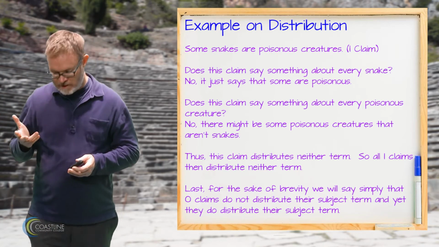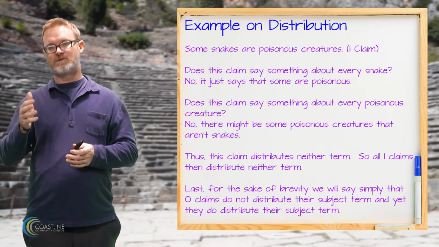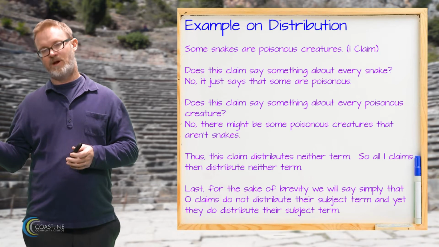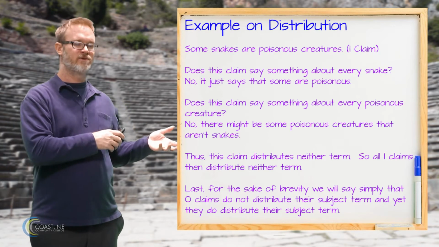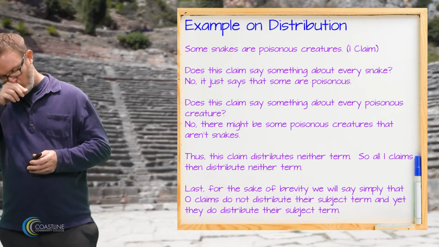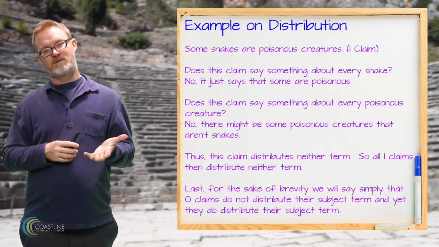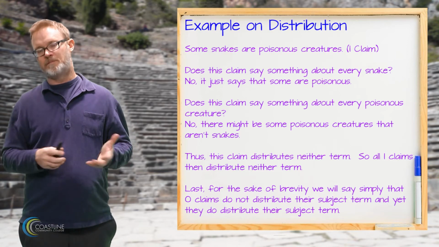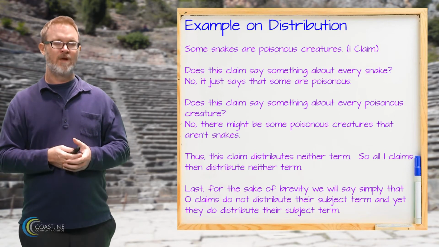It isn't, because the claim some snakes are poisonous creatures isn't about all poisonous creatures either. In fact, it seems to just suggest that some of those are snakes, or some snakes are those. So nevertheless, I claims like this don't distribute either term. They don't distribute the subject or the predicate term.